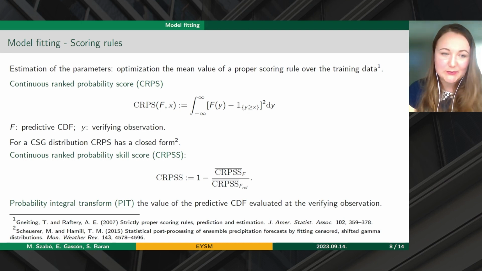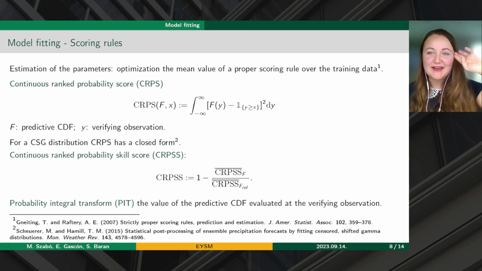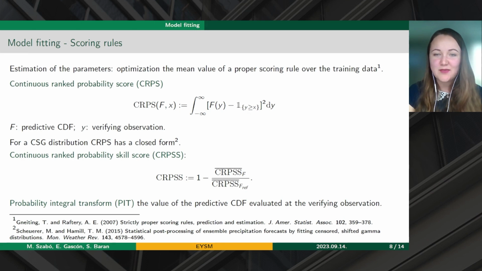And also, I will be briefly mentioning the PIT, the probability integral transform, at the end of the slides, because it will be a counterpart to the previously shown verification rank histogram for the ensemble, just to look at how it stands up in terms of consistency.